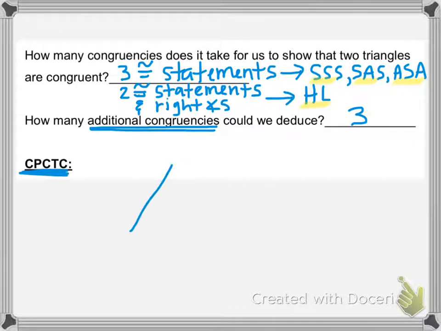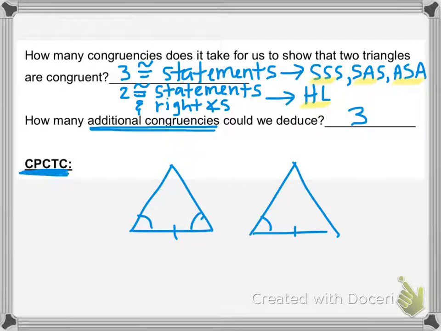So for example, let's just say I had 2 triangles and they're congruent by A, S, A, right? So now they're congruent by ASA.